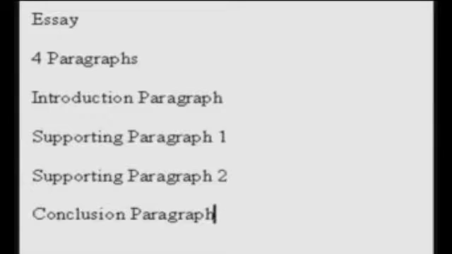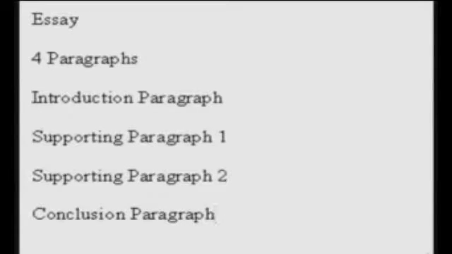Now, the introduction paragraph typically introduces our topic, and it also states what we plan to argue. So what we believe. Supporting paragraph 1 gives evidence that supports what we've said we're going to argue in the introduction paragraph.